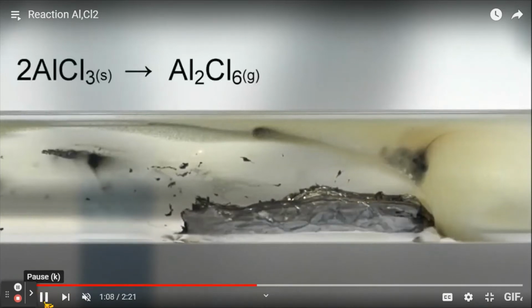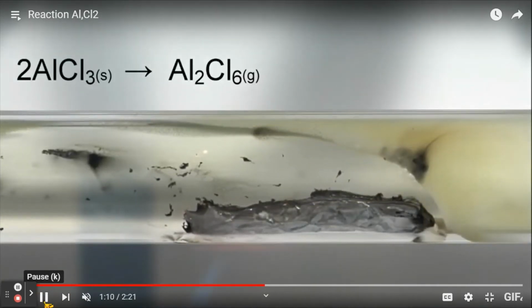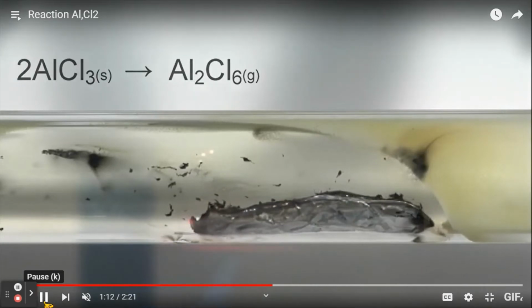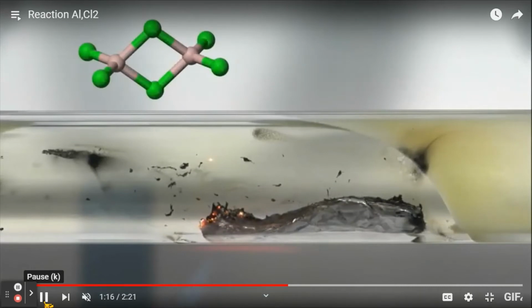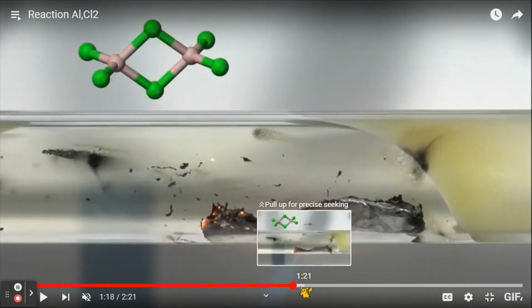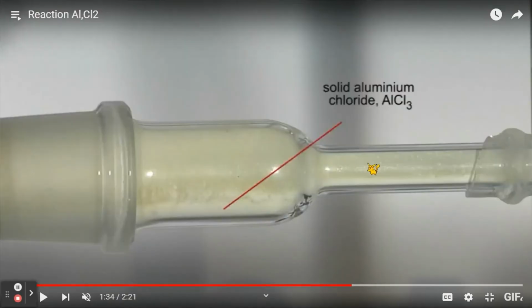Now, the reason why I said that this was a little more complicated than your question suggests is because your aluminium chloride is actually very, very volatile. So if I just forward through, in the cooler part of the experiment, you'll actually form your solid aluminium chloride.